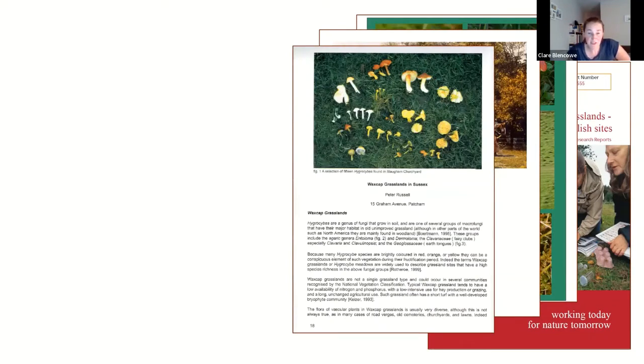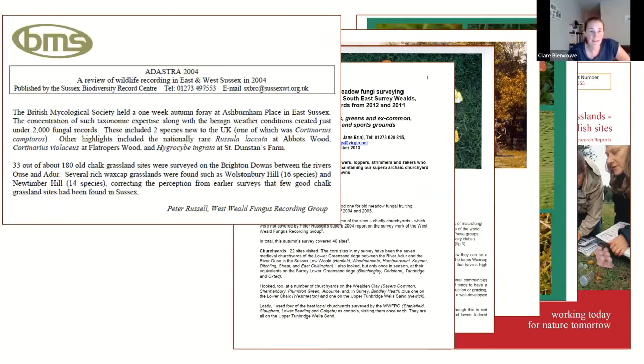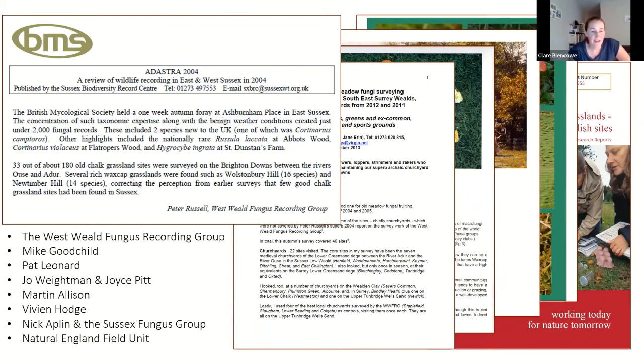A really comprehensive survey of lots of waxcap grasslands in Sussex by Peter Russell, and more surveys by Dave Bangs. Going back a bit, in 2004, the British Mycological Society held their autumn foray at Ashburnham Place, and they sent mycologists off to lots of grassland sites across Sussex to add to the evidence base then, and also went through records that have been provided by other mycologists in Sussex and sourced as many of those as we could and collated them at the Sussex Biodiversity Record Centre where I work.